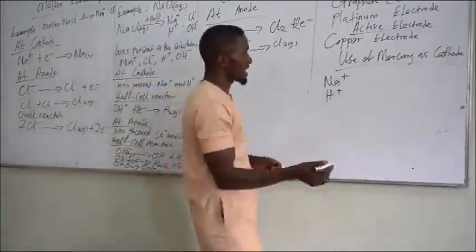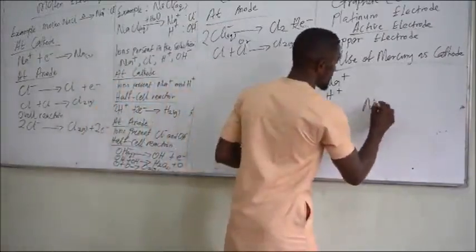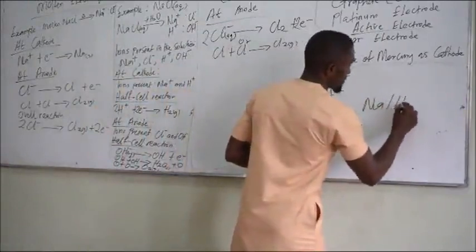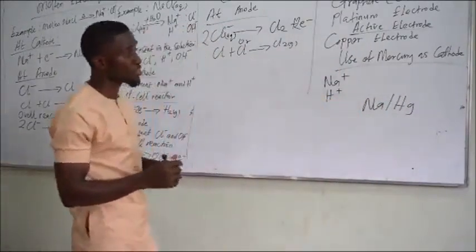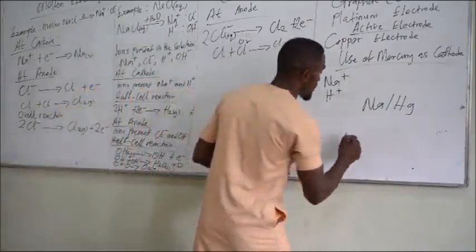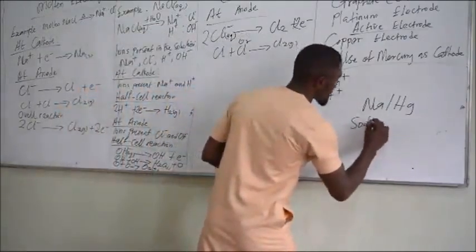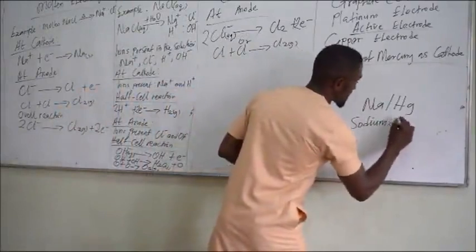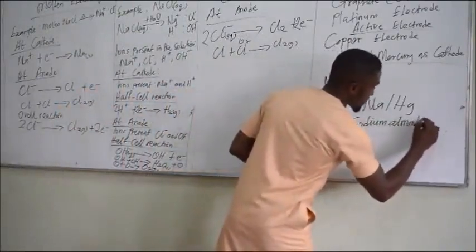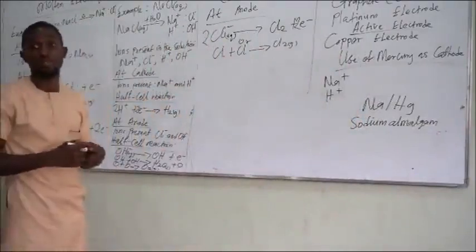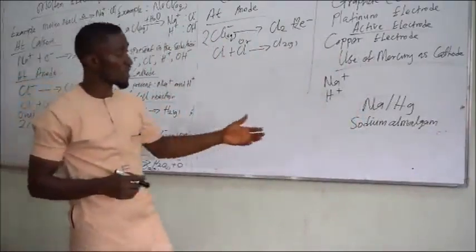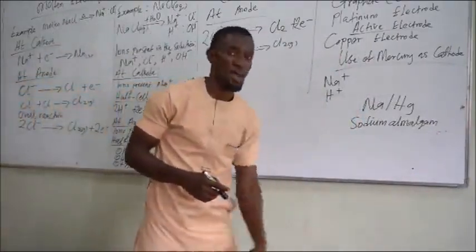And when it is deposited, it leads to a reaction between the sodium and the mercury cathode, which leads to formation of sodium amalgam.